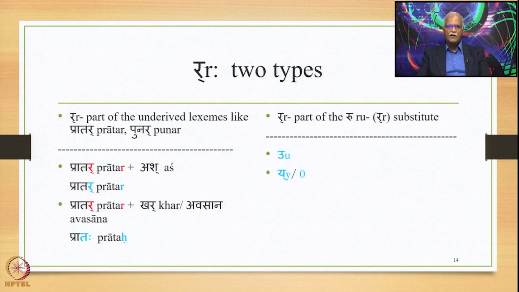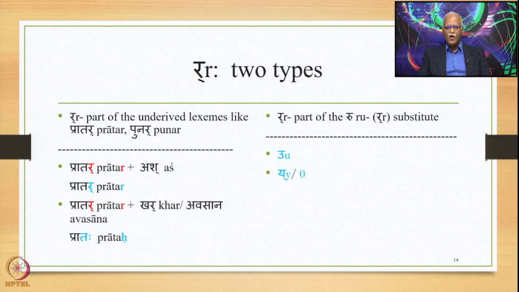So, we can say that there are r which we see at the end of the padas, which can be classified into two. R which is part of the underived lexemes like pratar and punar. So, we have pratar plus ash and we get the substitute pratar only, there is no other substitution. Similarly, pratar plus khar plus avasana and pratar becomes prataha.